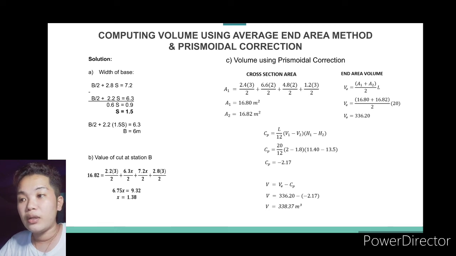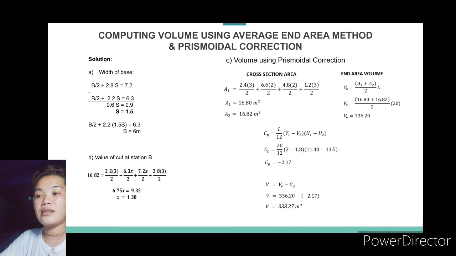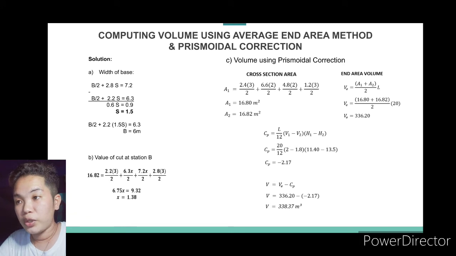And we arrive at the value of S, which is 1.5. So now to solve for the width of the base, we substitute the value of S, which is 1.5, into the equation B over 2 plus 2.2 multiplied by 1.5 is equal to 6.3. So the width of the base is equal to 6 meters.